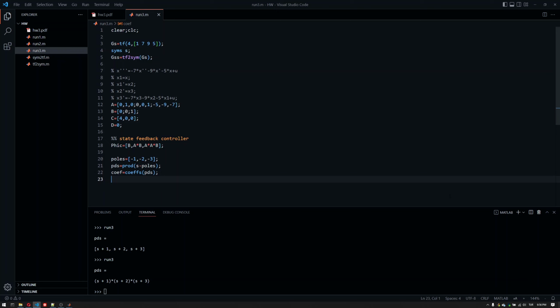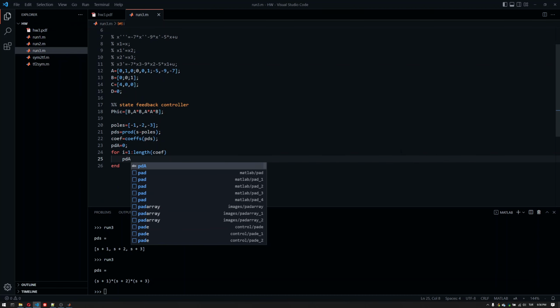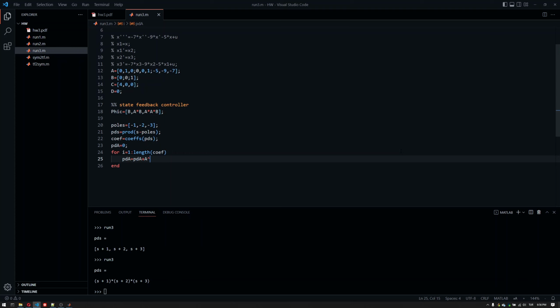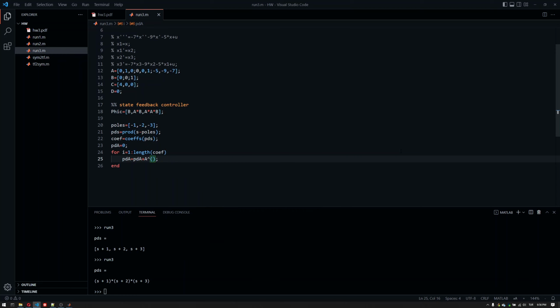And what I need to do is define PDA equals 0, for I equals 1 to length of the coefficients here. I'm just going to do the same. PDA here equals PDA plus A to the power of, let's call it, oh, we need the order of it, okay.